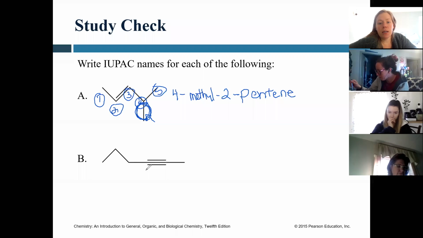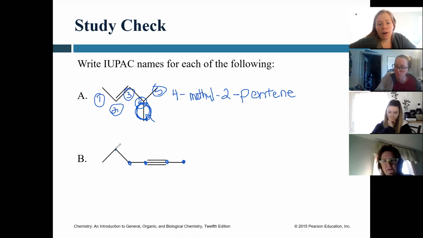Looking at this one here, I can see that this is an alkyne because I've got a triple bond. There's only really one chain. So we've got a carbon here, 1, 2, 3, 4, 5, 6. So 6 is hex. The double bond means that it's going to be ENE, hexene.